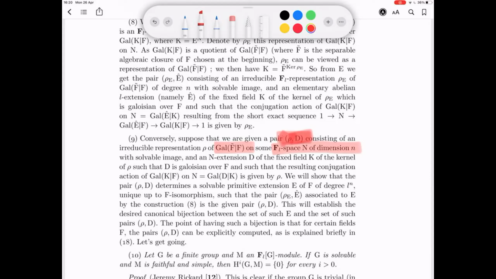And not only do we require it to be Galois over F, as soon as it is Galois over F, there's this conjugation action of the Galois group of K over F on the Galois group of D over K, and we require this to be the same as the action rho, as the representation rho.